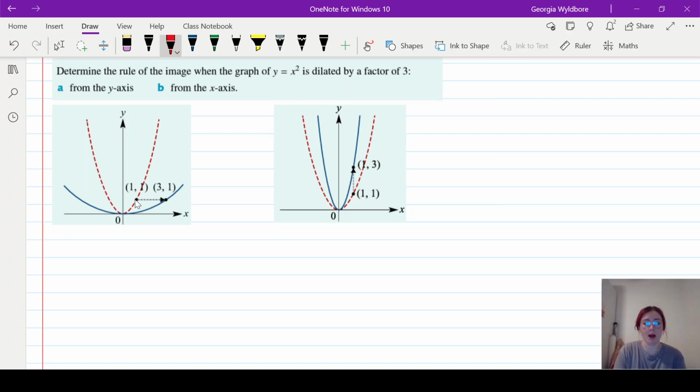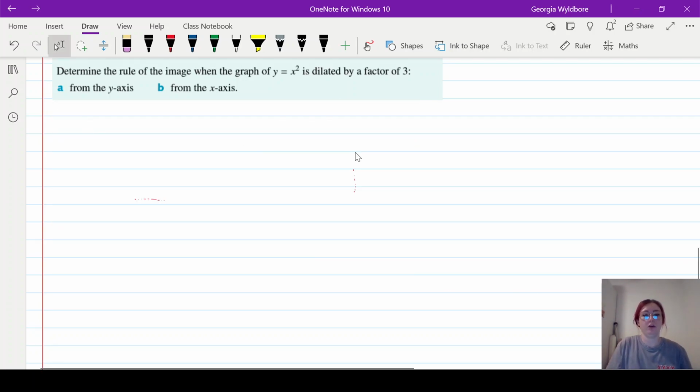Here we're from the y-axis, so our y-axis point would stay the same. Here from the x-axis, our x-axis point would stay the same. So when we're going from the y-axis, then we know that our point xy is mapping to, we've got a factor of 3 here, it's going to map to 3x.